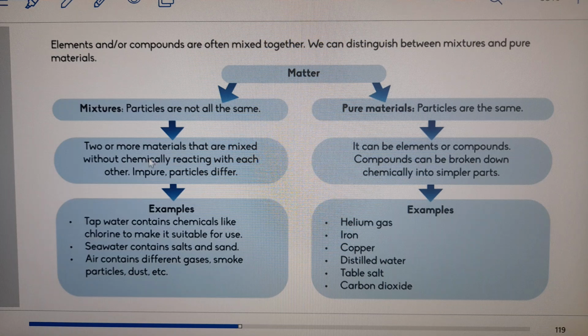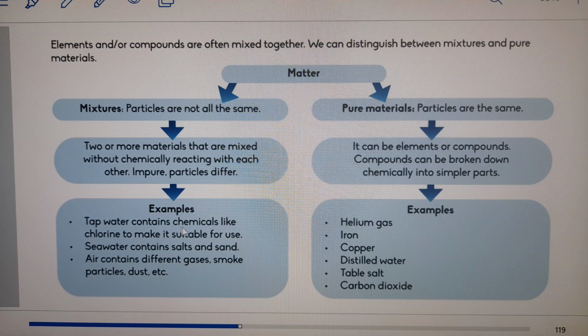They are mixed together and they are not chemically reacting. Okay, mixtures are impure and particles differ. Elements and compounds are pure, particles are the same, and compounds can be broken down into simpler parts.